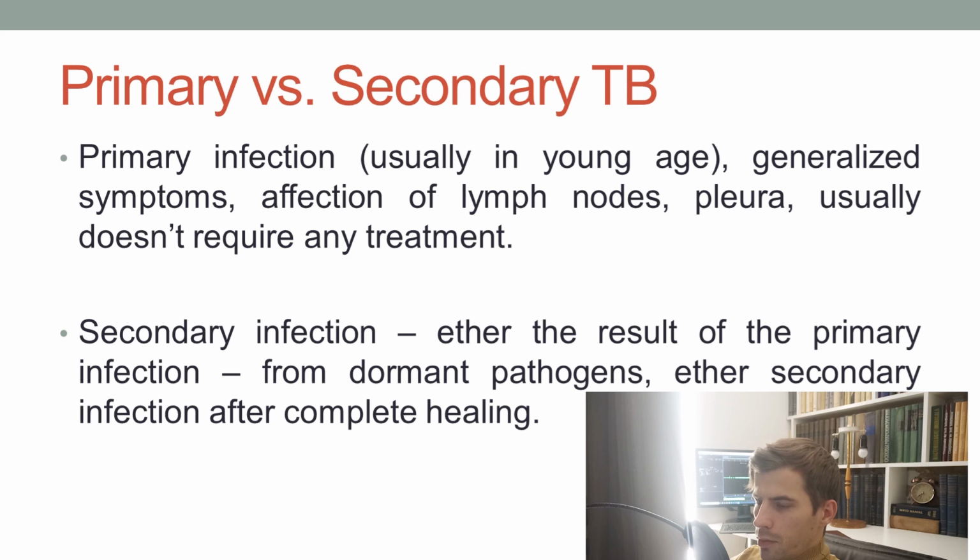We have two clinical forms of tuberculosis: primary tuberculosis and secondary tuberculosis. Primary tuberculosis is associated with primary infection, and usually it happens in a young person, and very often such infection doesn't require specific treatment.